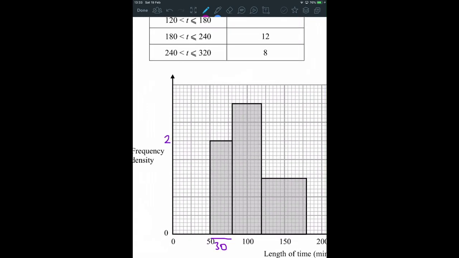I'm going to spend a bit of time to make sure that I understand the scale. There are large 10 boxes, but the 2 doesn't go through a large 10 box. So I'm going to look at the 5 by 5s. There's 1, 2, 3, 4, 5 5 by 5s to get up to 2. So each of those, if I do 2 divided by 5, each of the 5 by 5 boxes is 0.4, 0.8, 1.2, 1.6.